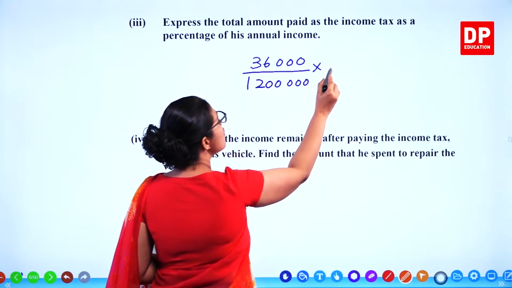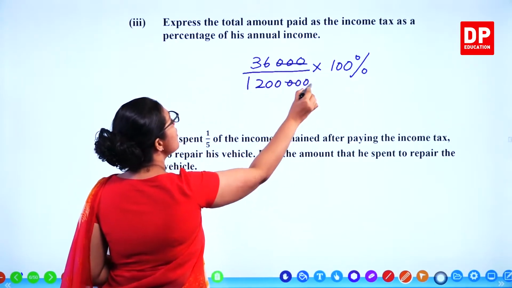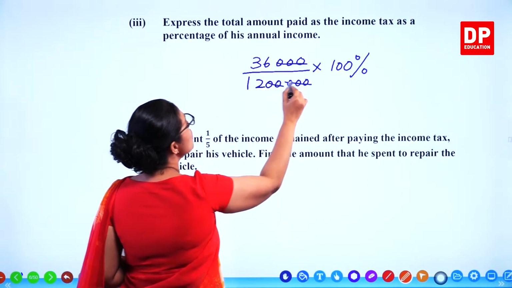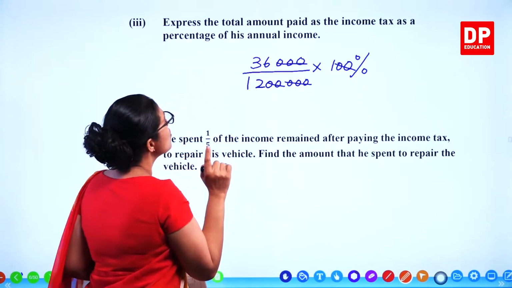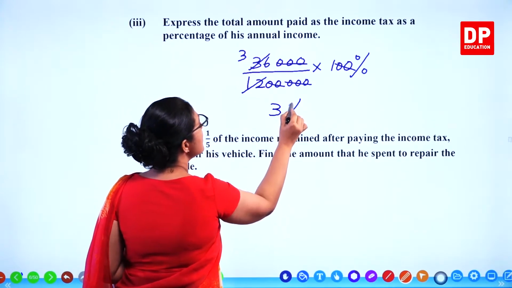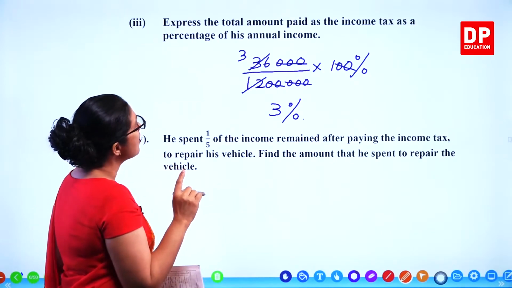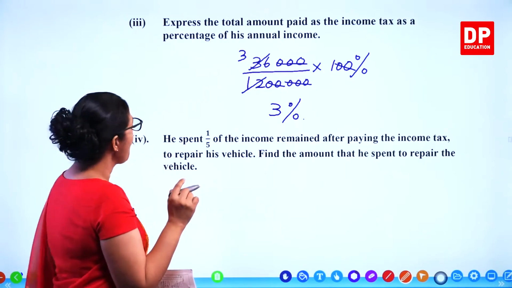As a percentage, you multiply by 100%. 3 zeros and 2 zeros with this one. 12 times 3. So 3% is the amount paid as the income tax as a percentage.